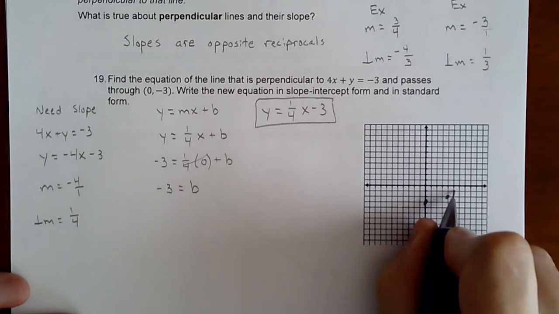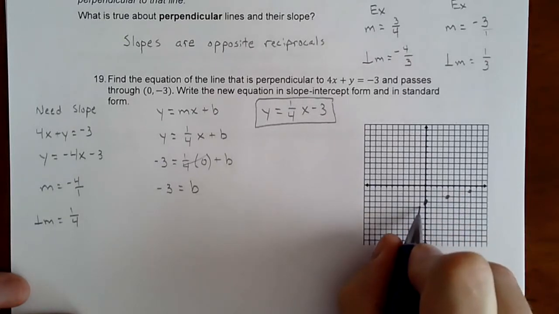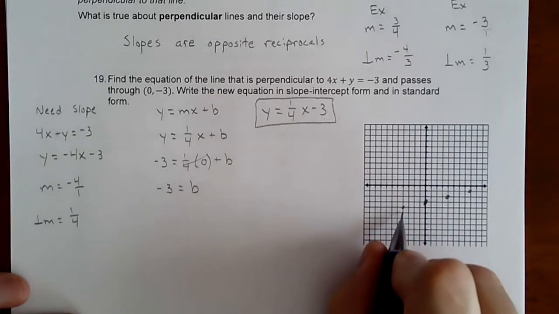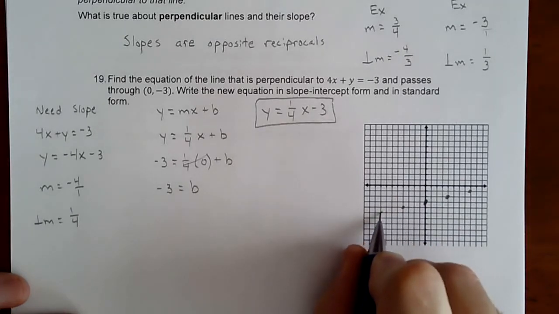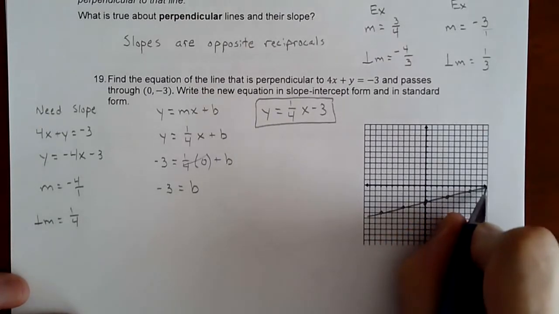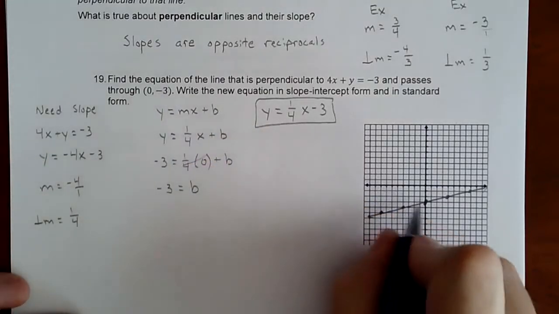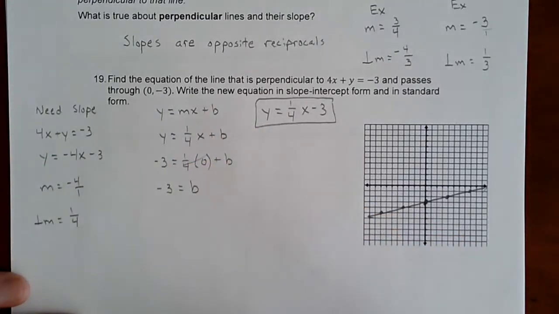Up 1 over 1, 2, 3, 4. We go down 1, back 4, 1, 2, 3, 4. Okay, so that is our original line. And does it pass through 0, -3? Yes, it does. That's right there.